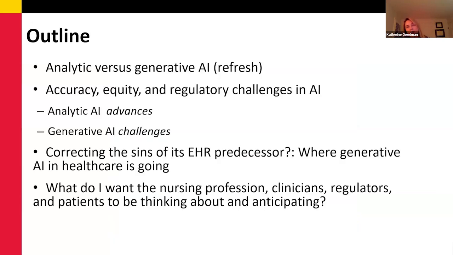Okay, so in my roughly 20 minutes or so, I will give a very quick 1-slide refresh of Adam's earlier talk on the distinction between analytic and generative AI, because it becomes relevant to the regulation of these tools. And then I will talk about some of the challenges around accuracy, equity, and regulation in AI, starting with analytic AI, where we've seen a lot more progress.